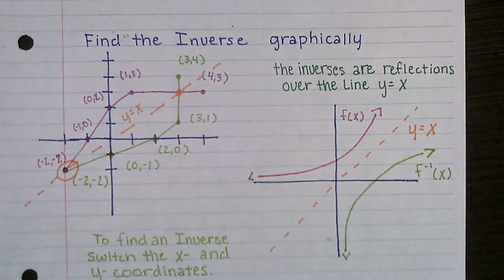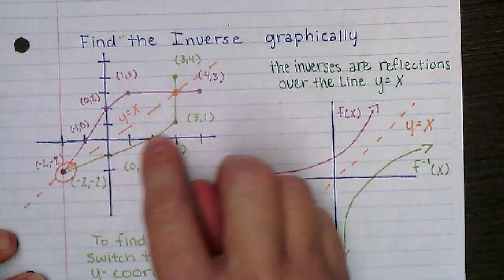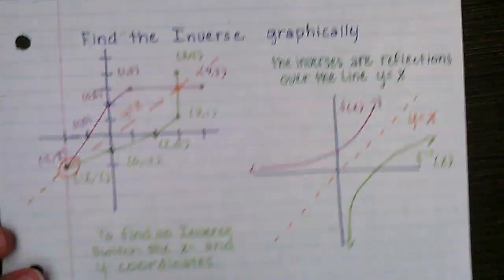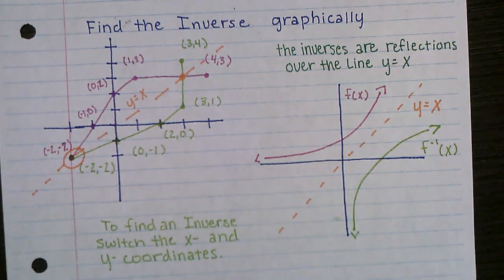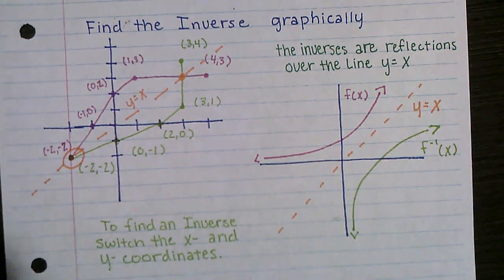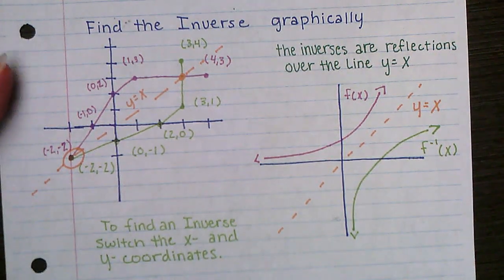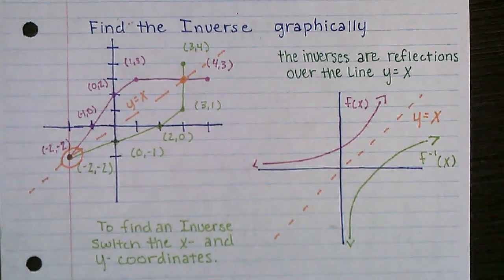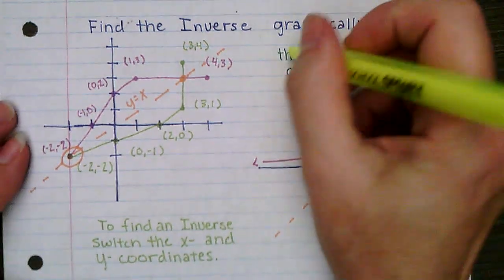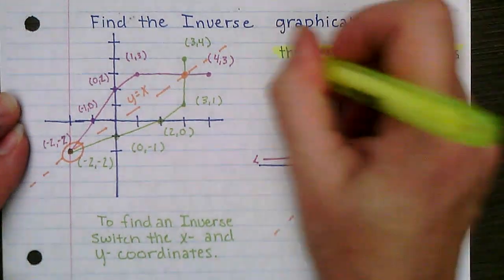Now we can also find the inverse graphically. I kind of planned to have us draw this in there, but it's already on our paper, so we'll just kind of talk our way through it. To find an inverse, what we do is we switch the x and the y coordinates, which makes the inverses be reflections across the line y equals x.